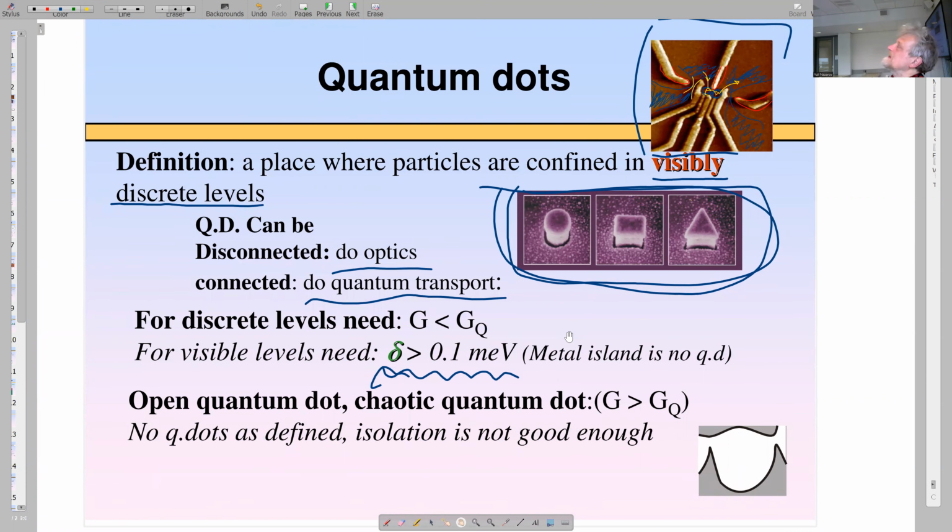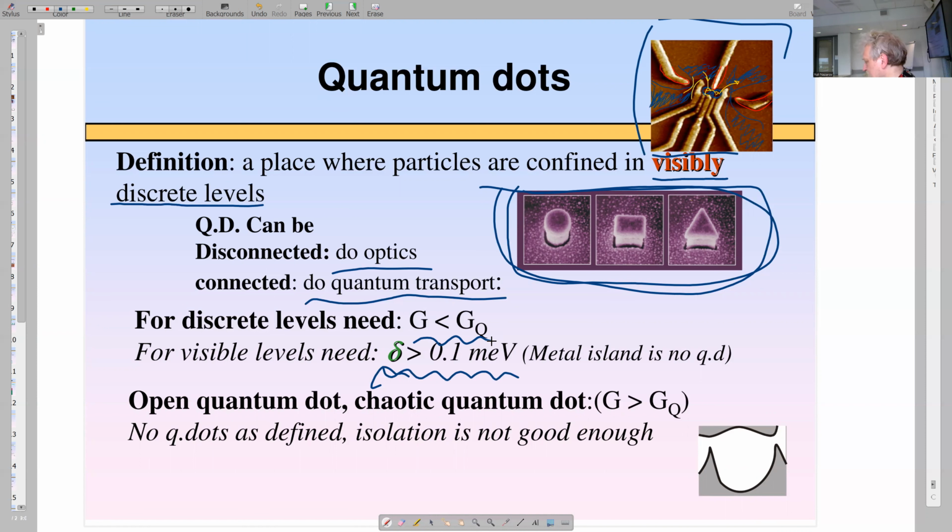Let me mention again, conductance quantum comes in every lecture on quantum transport, irrespective of the topic. And let me mention that in order to have good level quantization, the conductance of the junction between the dot and the leads must be much smaller than the conductance quantum. So we are somehow in the tunneling regime.